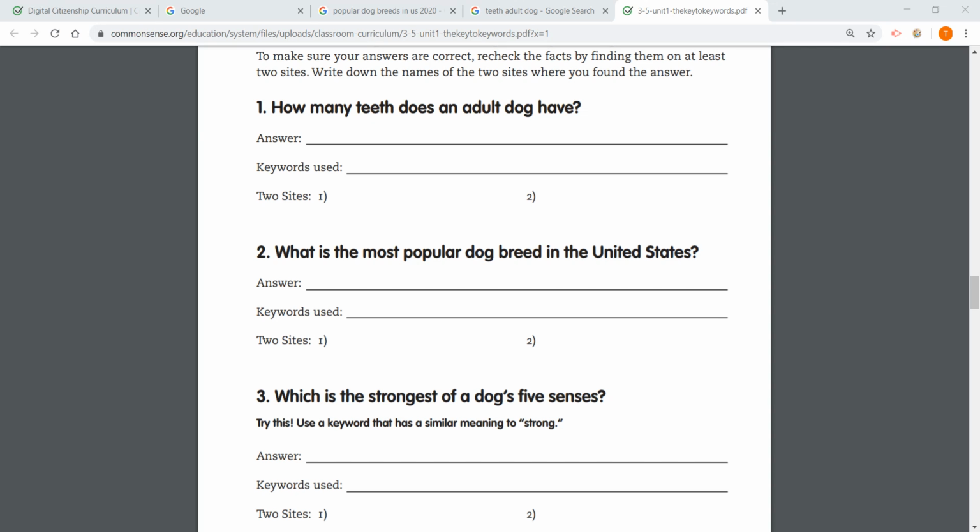So it says, which is the strongest of a dog's 5 senses? So you can type in strongest dog senses if you want, but sometimes it helps if you use a synonym. So you could type in maybe the best dog sense, instead of the strongest.